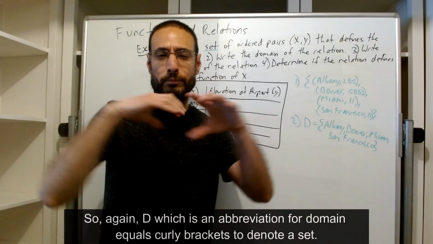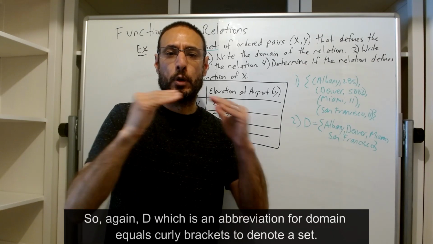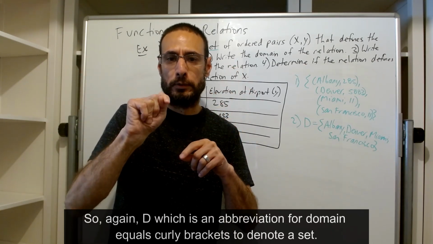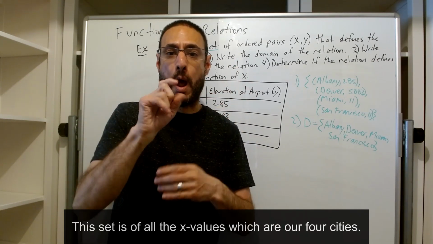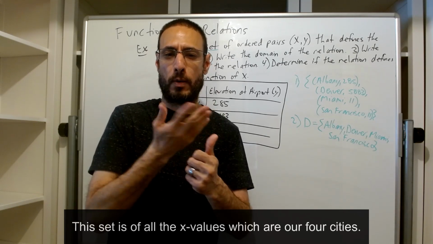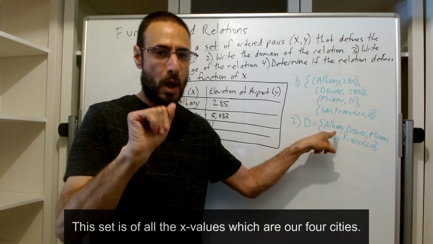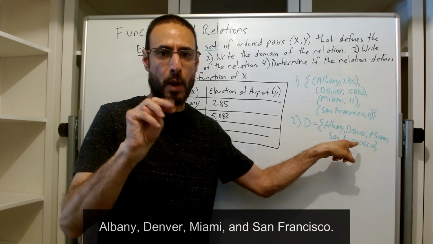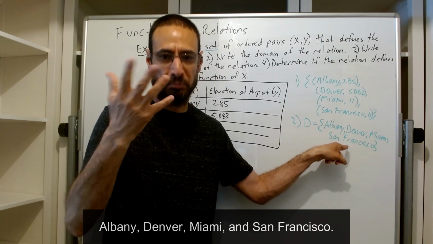So, again, D, which is an abbreviation for domain, equals curly brackets to denote a set. This set is of all the x values, which are our 4 cities: Albany, Denver, Miami, and San Francisco.